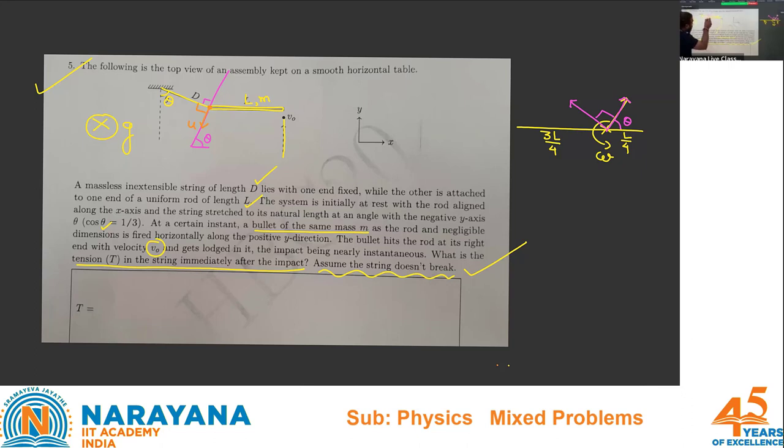So its velocity can only be perpendicular to the string. Net velocity just after the impact. So I understand that I'll have a velocity here, which is u. This much is fine. And the angle of this line is some theta.